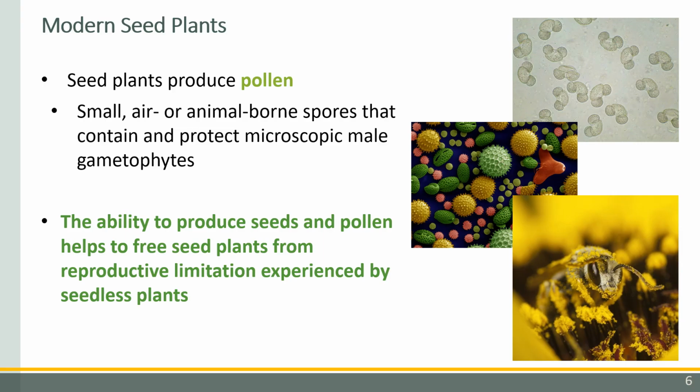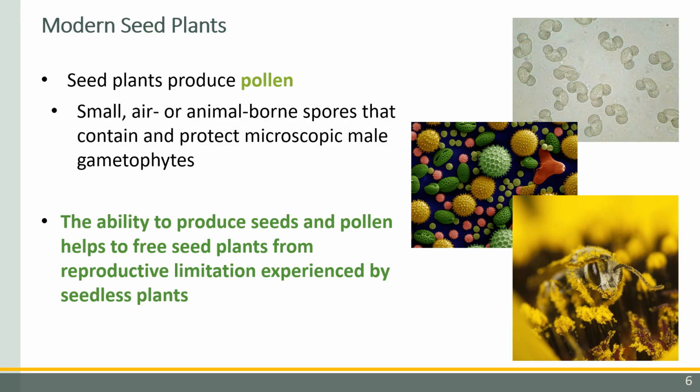The evolution of seeds and pollen was really important because it helped to deal with some of the problems that our seedless plants have, which was limitations to reproduction because they were so tied to water. The plants were generally found in really damp environments so that the flagellated sperm of those plants could get to the egg.